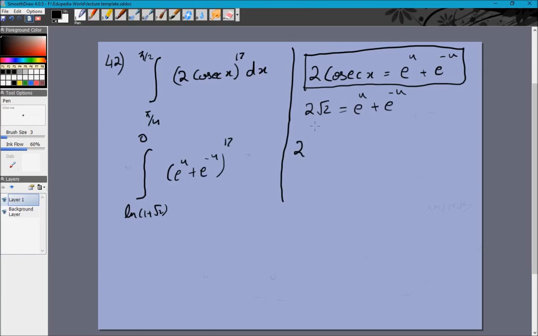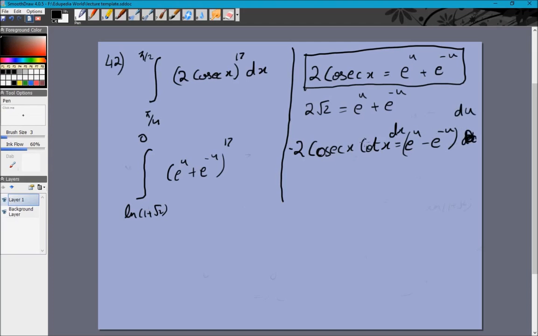Now the derivative of cosec x is minus cosec x cot x. So minus 2 cosec x cot x is equal to e to the power u minus e to the power minus u. Right, minus cosec x cot x dx is equal to e to the power u minus e to the power minus u du.